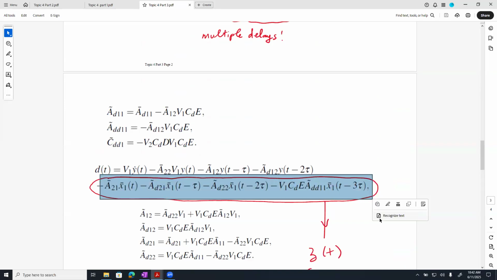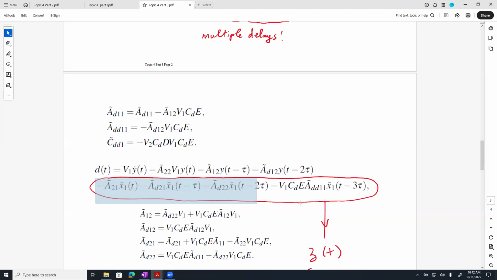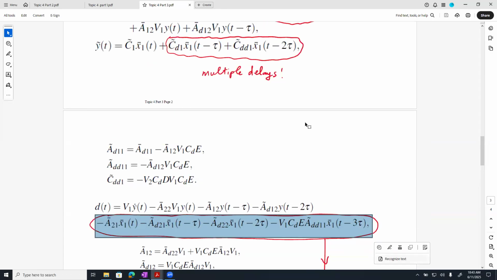And that's why in the literature, when it came to estimating state functionals for time delay systems, the focus was simply on just one term in there, but not the whole heaps of them. All right, so that's the distinct novelty about our results, our discussion in this new book.